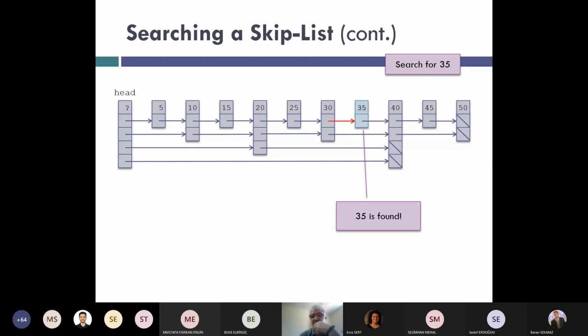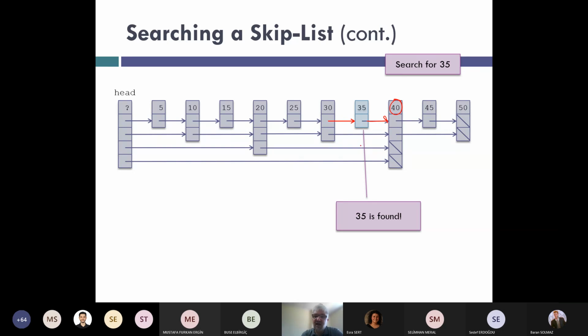If we are searching for 36, we said that 35 is smaller. We follow, 40 is larger, and it was not in this level 1 linked list, since everything is in the level 1 linked list.